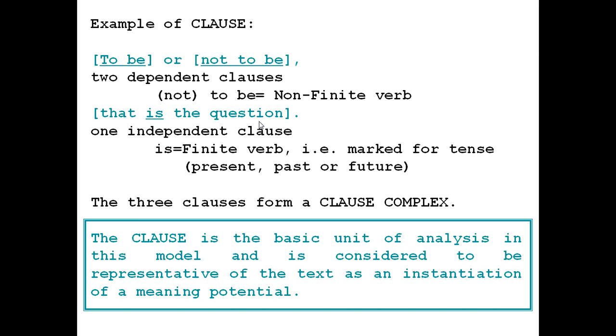Okay, the text is the most important unit of analysis in order to understand the notion of meaning, the notion of function and context, but we need the clauses to make up a text. So the clauses are crucial to the kind of structural analysis that functional grammar makes.